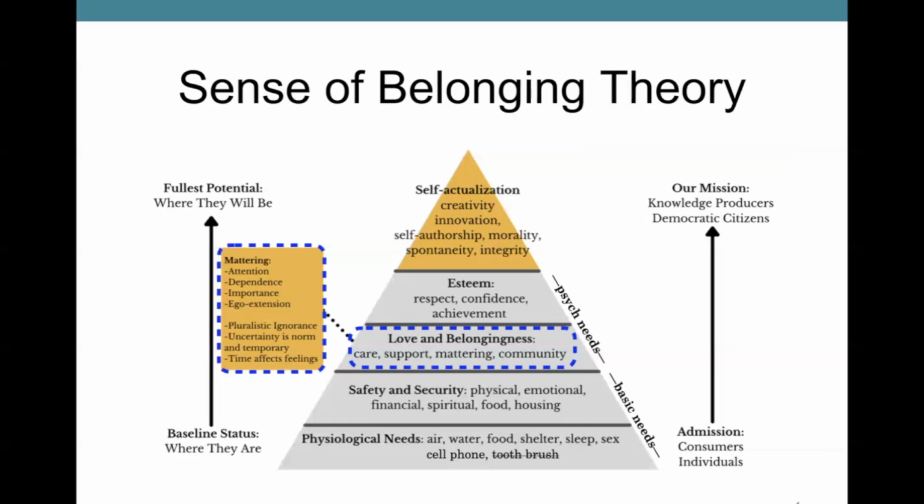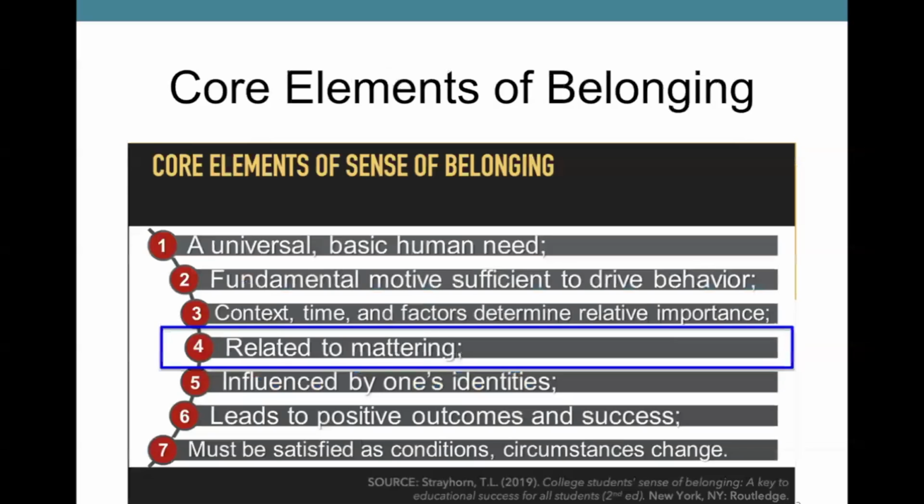Now let's talk about the third and final component, that is the model's core elements. There are 7 core elements. First, belonging is a basic human need, whether you are tall, short, wide, skinny, green hair, blue hair, blonde hair. Indeed, it is universal. There are two types of needs.